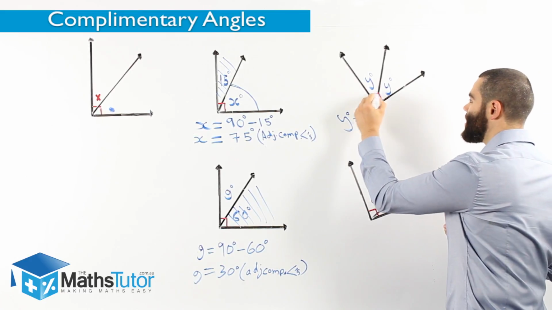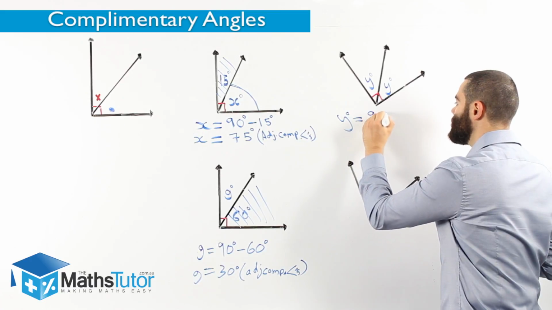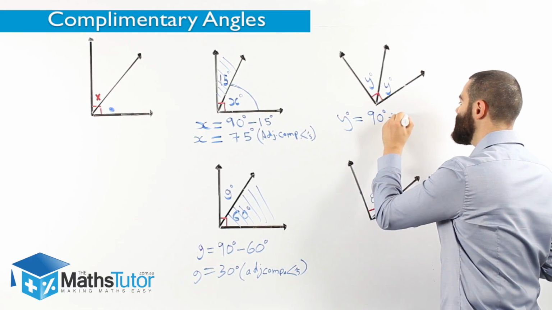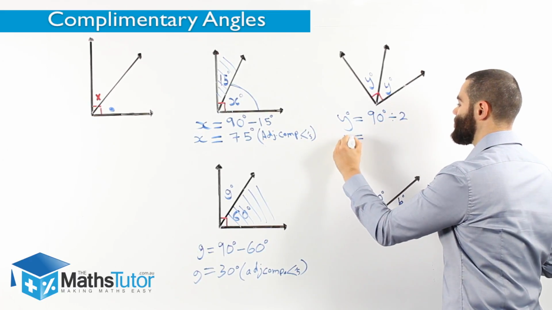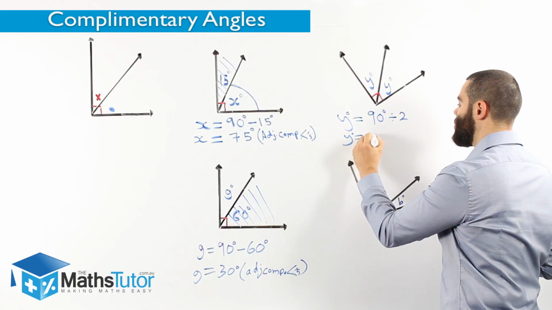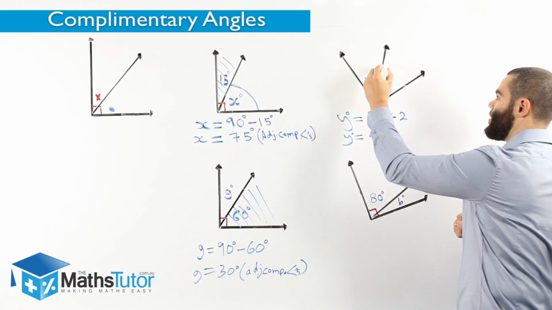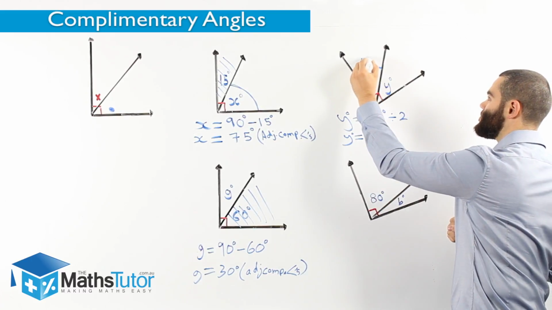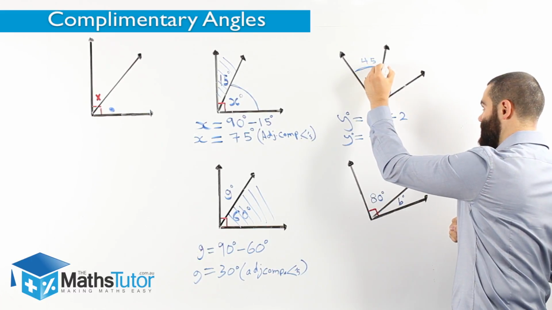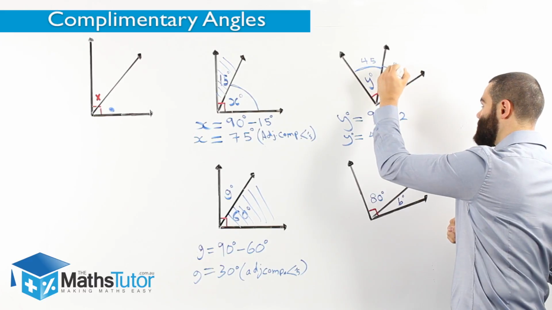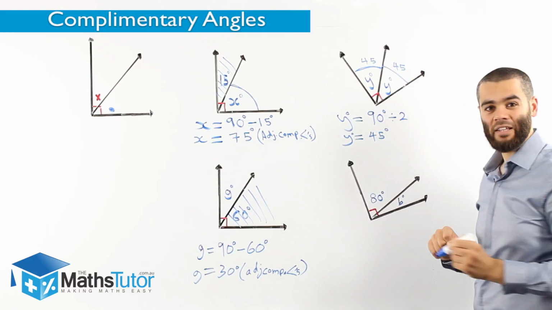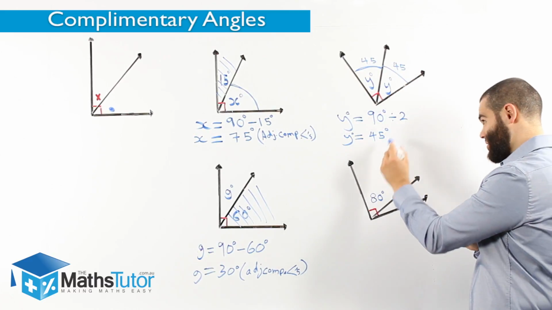We know that this is 90 degrees. It's been split into two, so we are dividing by 2. So y must be 45 degrees. This section here is 45, and this section here is also 45. 90 divided by 2, y is 45 degrees.